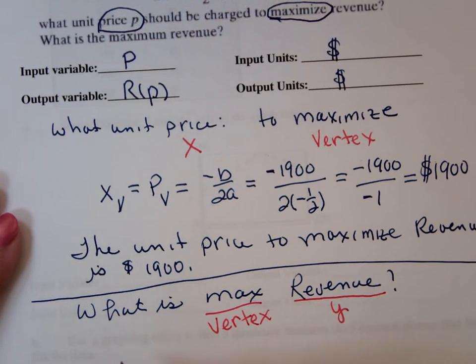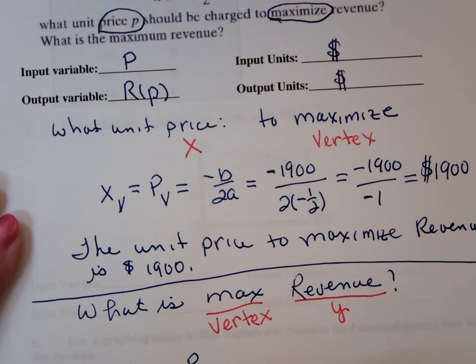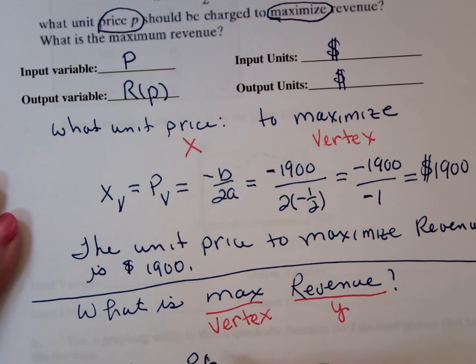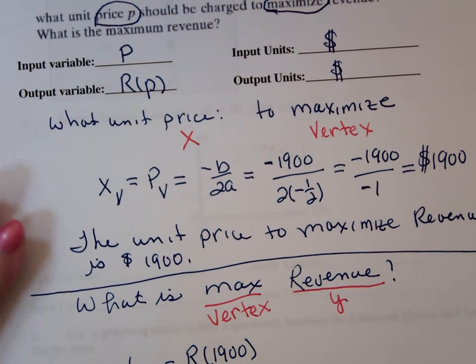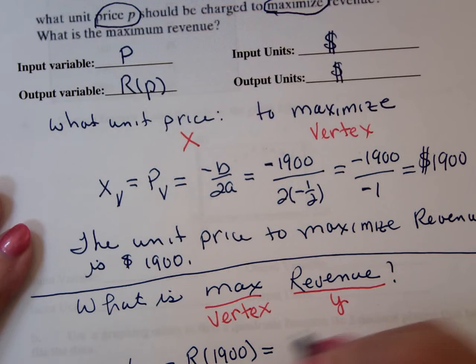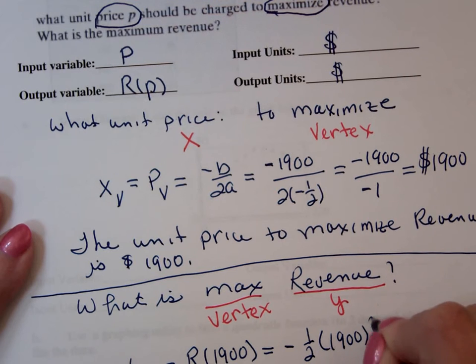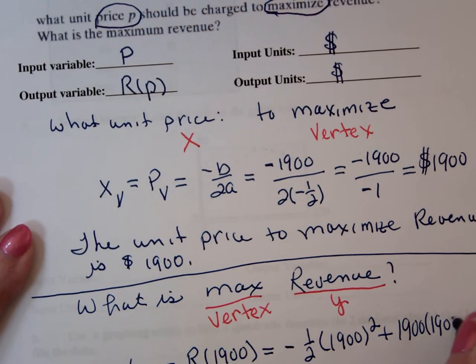And so I'm looking at the y-coordinate of the vertex, which in this case is R of 1900, where 1900 is the x-coordinate of the vertex, which is minus 1/2 times 1900 squared plus 1900 times 1900.